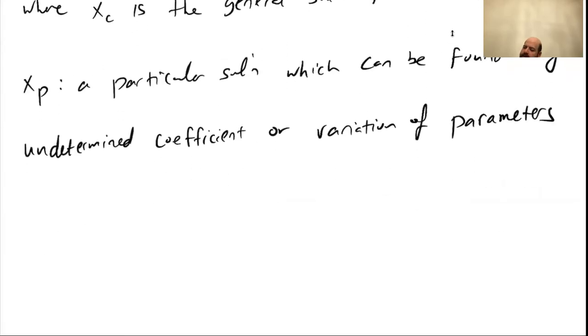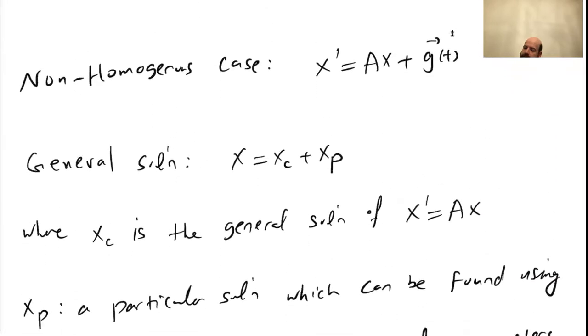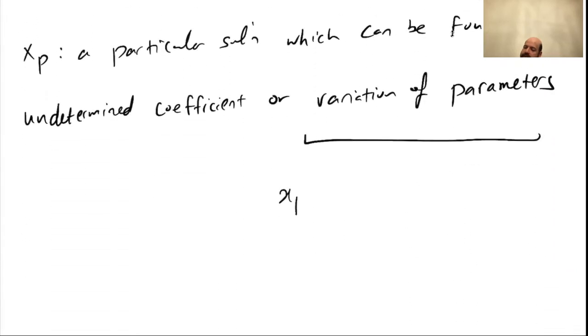And again, the formula for variation of parameters is similar to before. So if you want to find the vector xp, you can write it as capital X times the integral of capital X inverse times g of t dt.